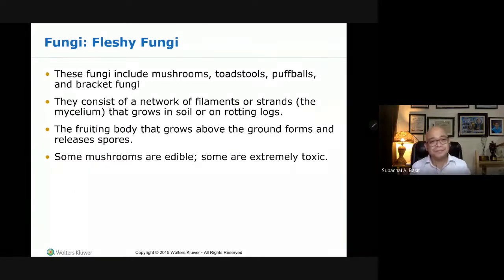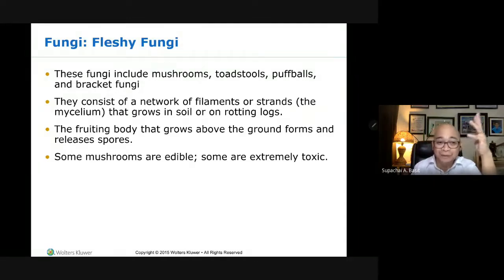Okay, let's talk about the fleshy fungi. These fungi include the mushrooms, toadstools, puffballs, and bracket fungi. They consist of a network of filaments or strands that we call mycelium, and they can grow in soil or even on a rotting piece of wood. The fruiting body that grows above the ground will form and eventually release the spores.